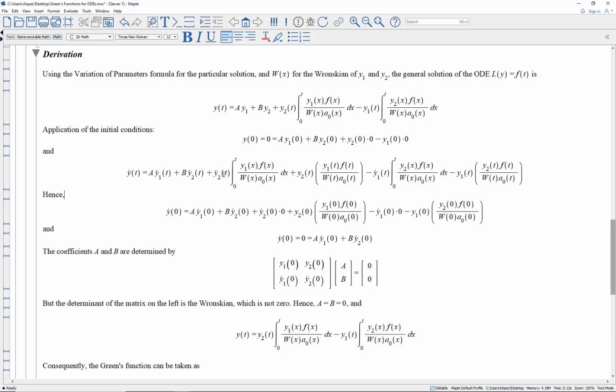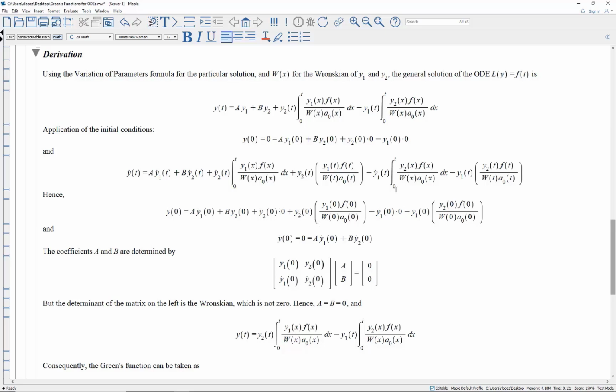This term, y2 dot at 0, but you have to put a 0 in up here, so the integral becomes 0. This integral here is going to become 0. What's going to be left? This is gone.